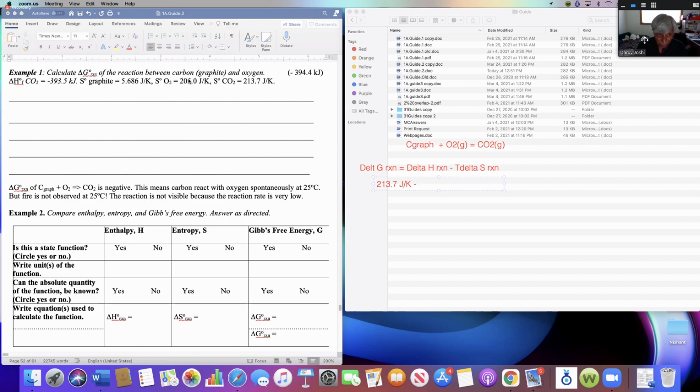That's going to be 205.0 joules per Kelvin plus 5.686.